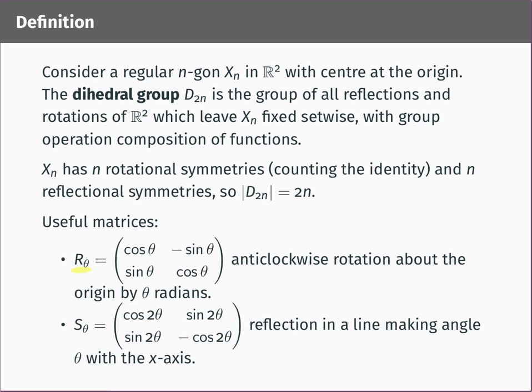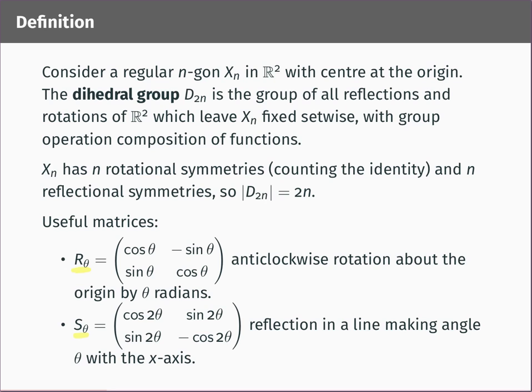The matrix r theta here represents an anti-clockwise rotation about the origin through theta radians. So what that means is that if you have a vector x and you multiply it by the matrix r theta, the result is this vector x rotated anti-clockwise by theta radians. Similarly, s theta here is the matrix for the reflection in a line which makes angle theta with the x-axis.